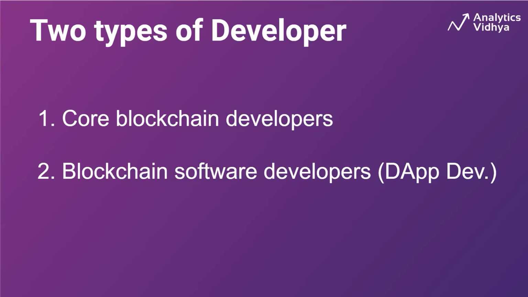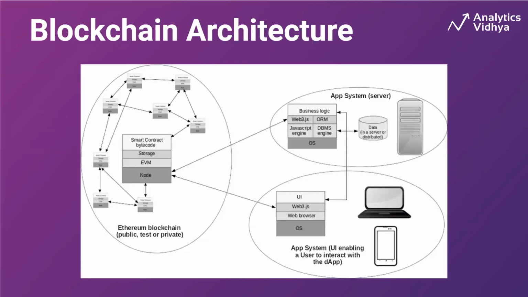Second is the dev developer. What is the role of the dev developer? Particularly, you are building software, traditional applications, web applications or mobile applications. In the same way, the blockchain software developer works, but they have to make the smart contract, and that smart contract will be deployed into the blockchain itself.